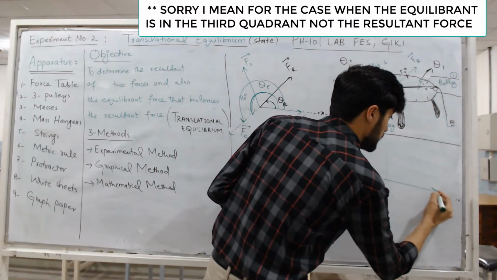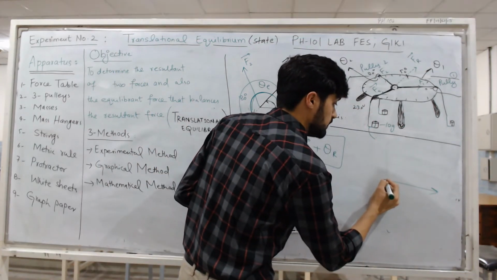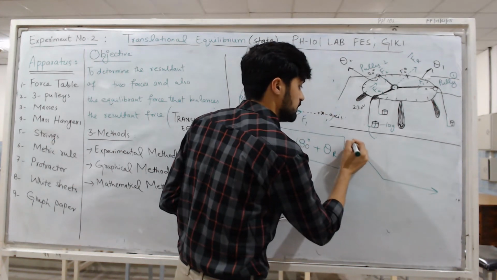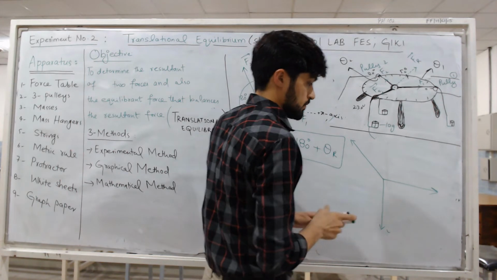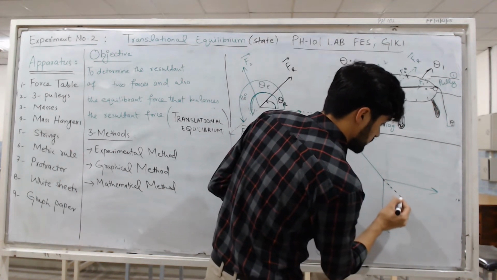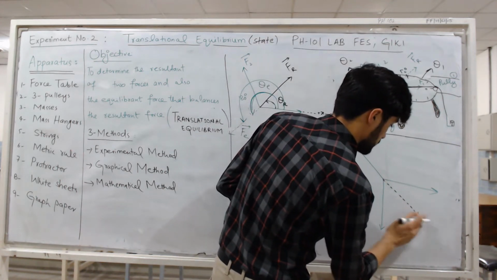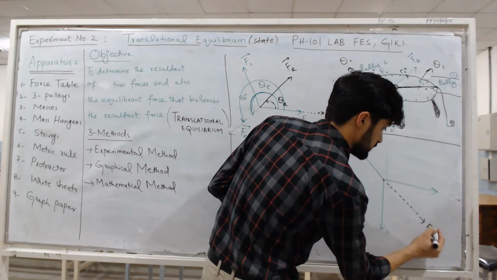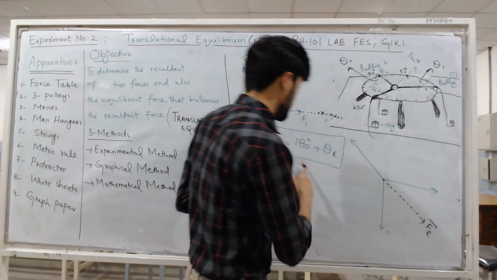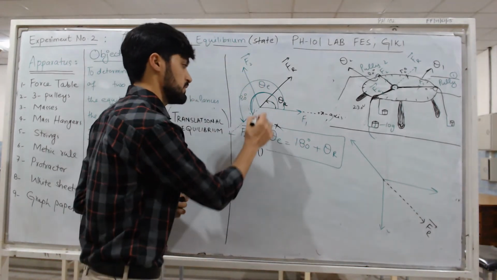What if the equilibrium force is here? This is our equilibrium force, and let's say this is now our resultant force. So now the case is different. We will not be using this one. This was just for the earlier case.